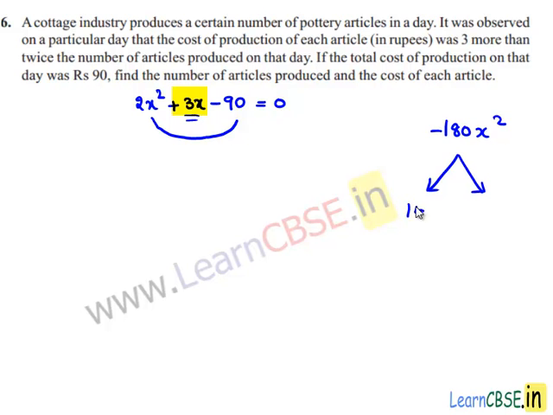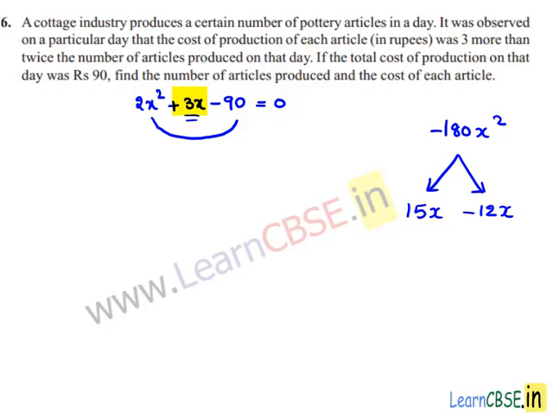So we can take 15x and 12x. 15x multiplied by 12x is +180x², but here we have −180x². So we can put minus sign here or here. If we put minus sign here, 15x − 12x is +3x.